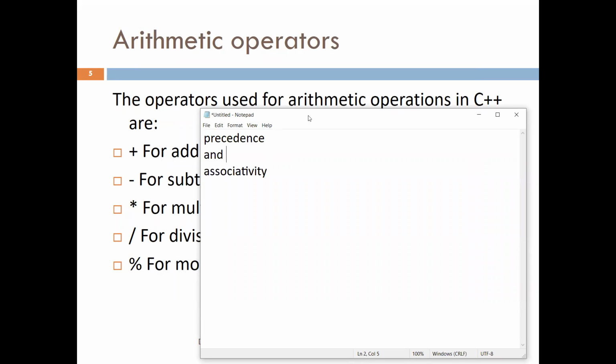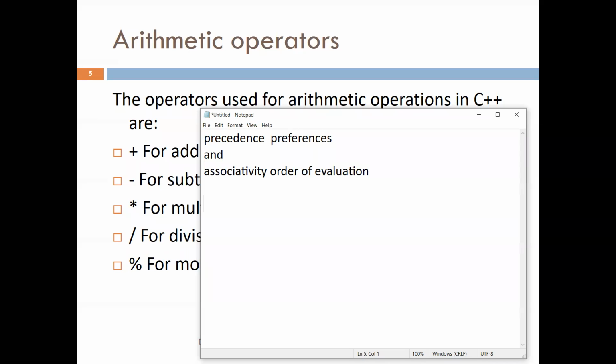Precedence means which operator will be given preference in an expression. Associativity means order of evaluation.